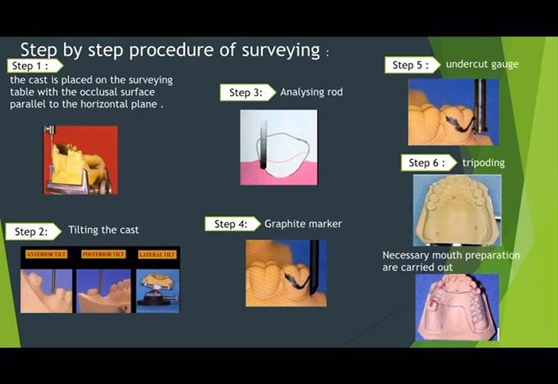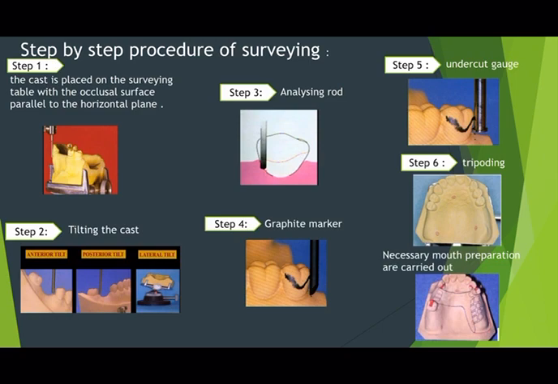Step 4, using the graphite marker. By using the graphite marker, survey lines are drawn on the tooth surface and they denote the height of contour. Step 5, replacing the graphite marker with undercut gauges. The undercut gauges are used to measure the depth and location of the undercut. Step 6 will be removing the interferences.